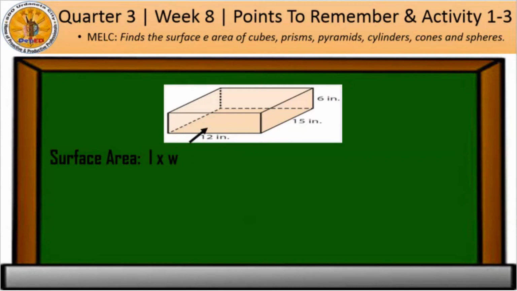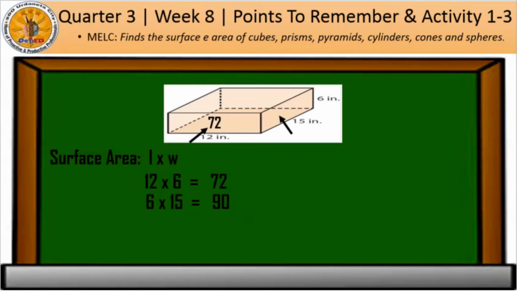So we have 12 times 6 is equal to 72. So this face will be equal to 72. Then this face. So we have 6 times 15.